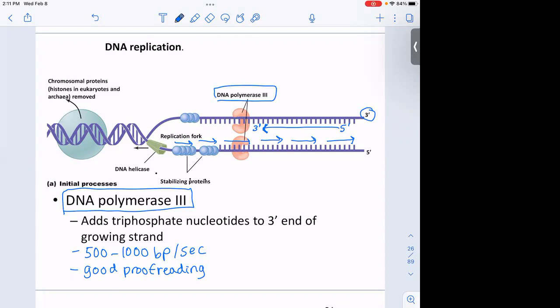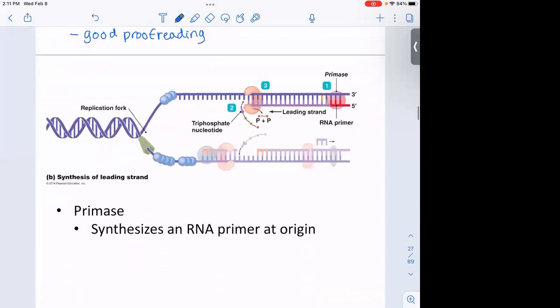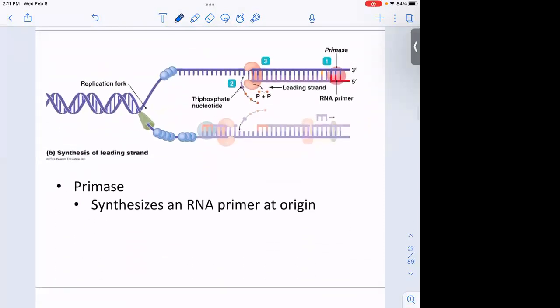All right, so what are some other enzymes? And you can see here, here's the DNA helicase. Remember, that's what breaks those hydrogen bonds between the complementary base pairs, and some stabilizing proteins here that just help keep the replication fork open, so that the other enzymes can work. Okay, what other enzymes are involved? Well, that DNA polymerase 3, it turns out it can't start the new strand from nothing.